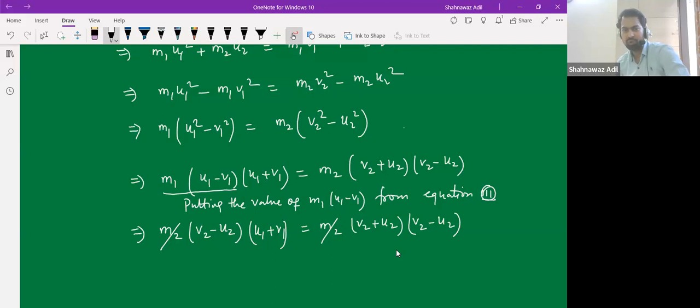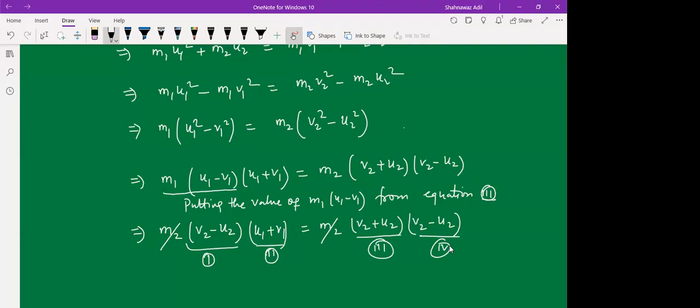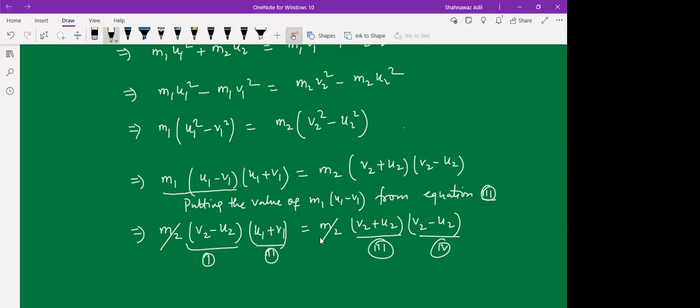Let me write. So this is first term, this is second term, this is third term, this is fourth term. Which one is cancelling? Can we cancel first and third one? No. First and fourth one, right?